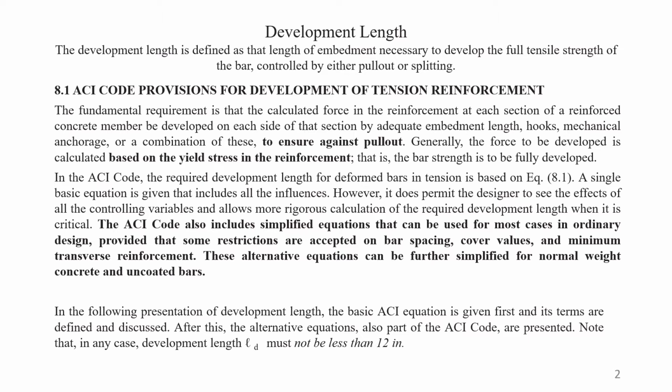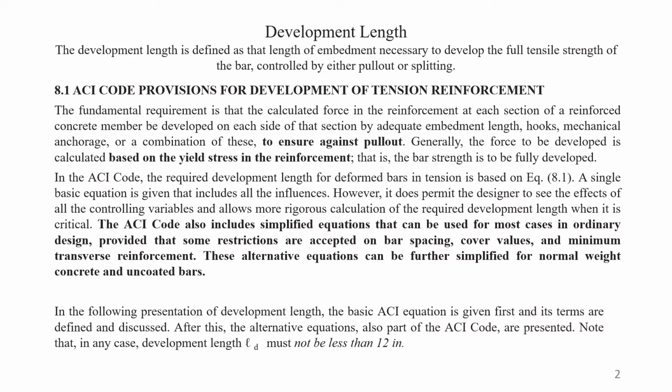If we embed a small amount of a steel bar into a concrete block, we can pull it out. But if we embed a sufficient length of steel into the concrete block, then we cannot pull it out.